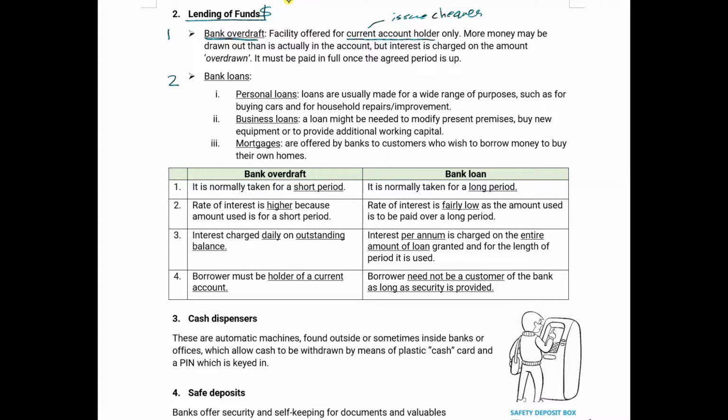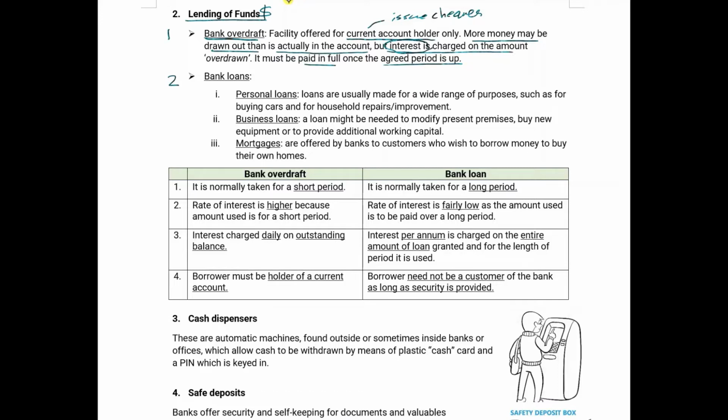A bank overdraft is when more money can be withdrawn than actually is in the account, but on the overdrawn amount you will be charged interest. And this must be repaid in full when the agreed period is up.